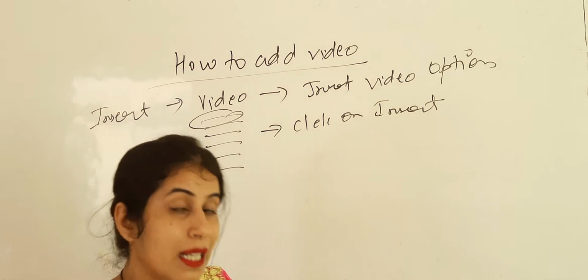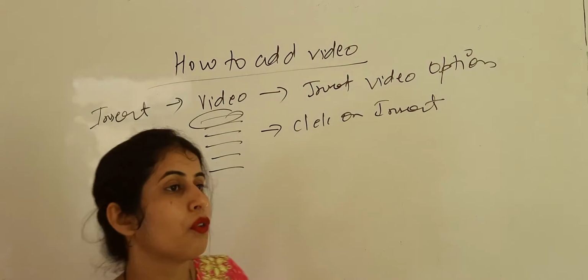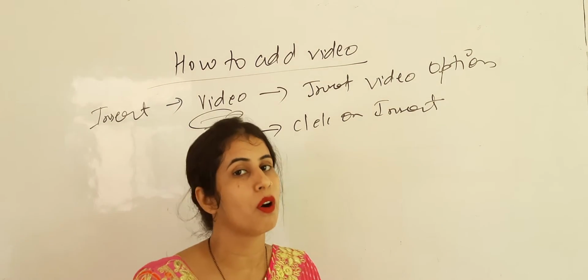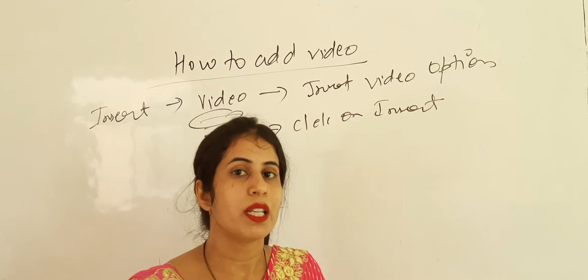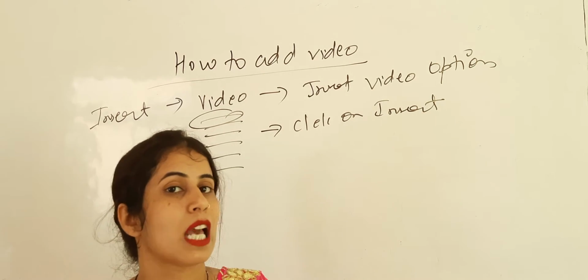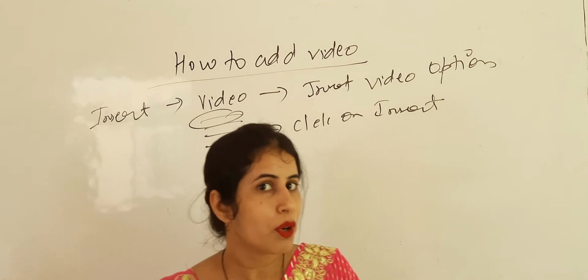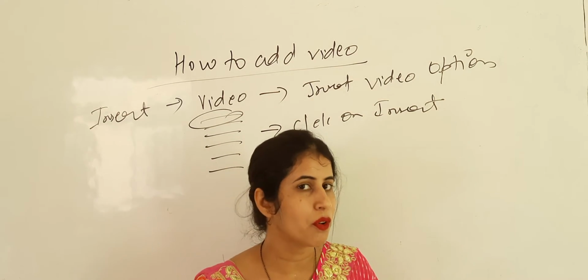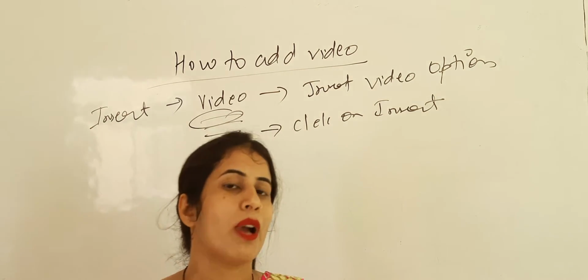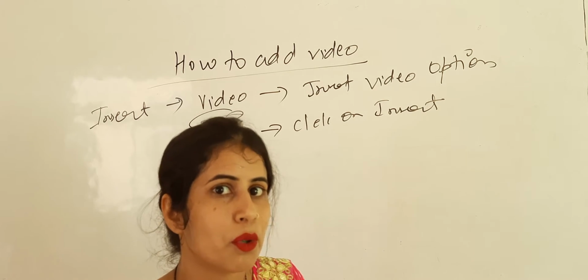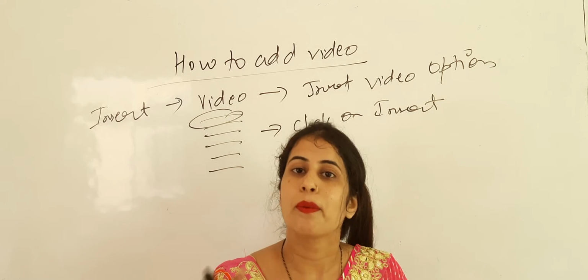Next, if we want to add our own recorded audio or video in our presentation, what steps will we follow? If we want to add our own audio, we use the microphone, and if we want to add our own video, then we should use the web camera.